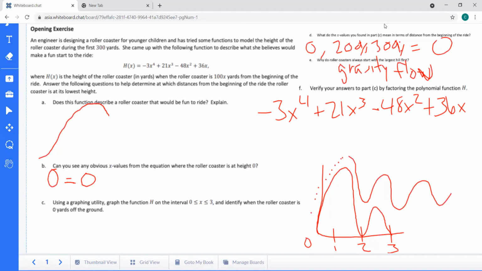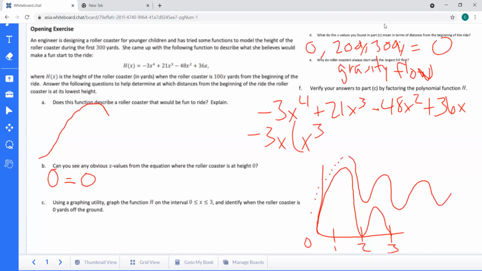Okay, we factor out an x for sure. We can factor out a 3 for sure. So let's just go ahead and factor out a negative 3x.